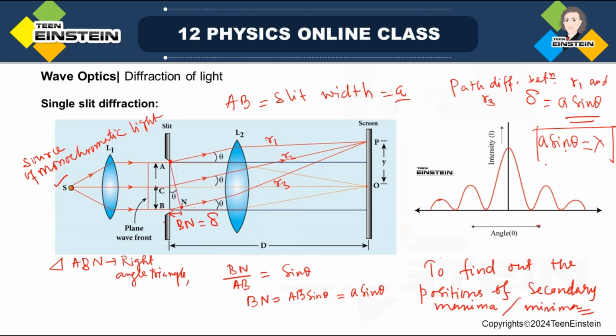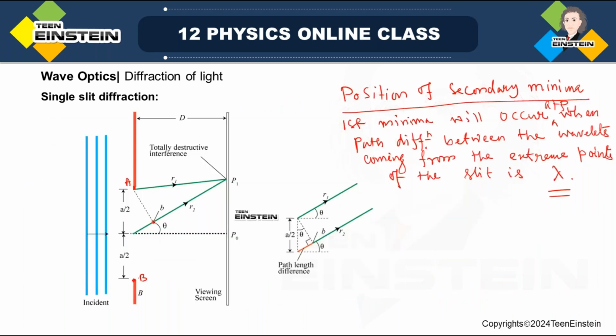This is the assumption we have made. Now let us justify this. If theta is very, very small, then we can write a theta equal to lambda. Those things will come up later.